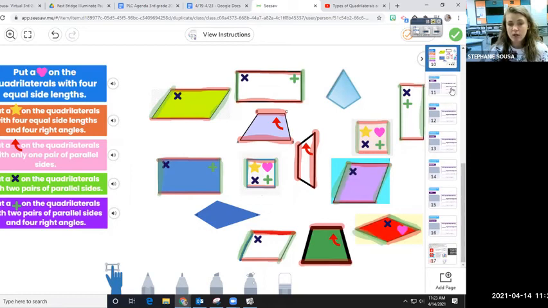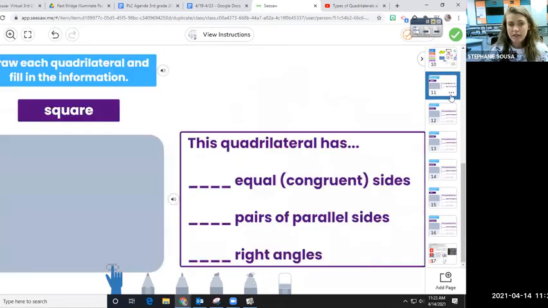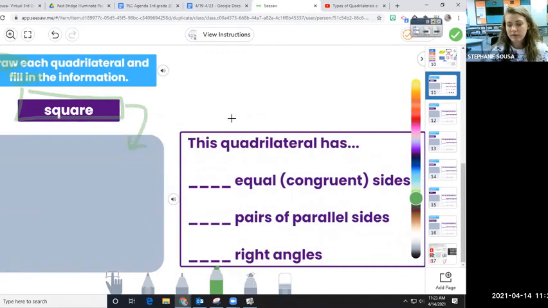Your independent work is slides 11 through 16. On each slide, there is the name of a quadrilateral. For example, this one is a square. You will draw each quadrilateral and fill in the information. So draw a square and then tell me. Use your notes.